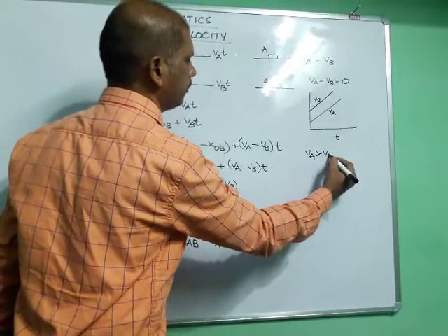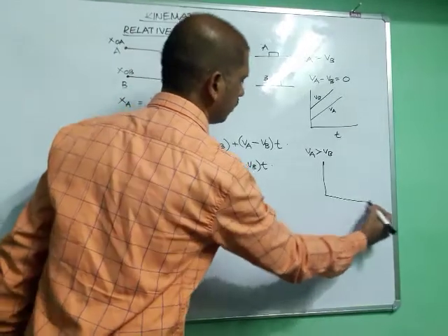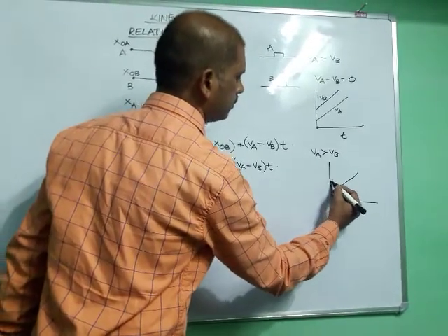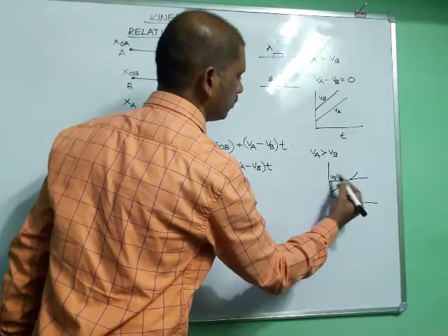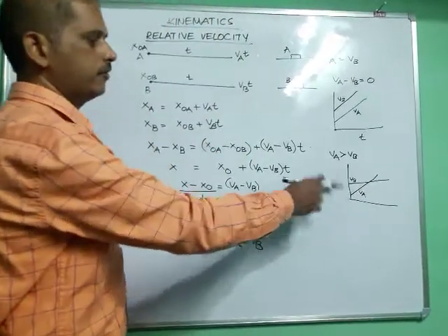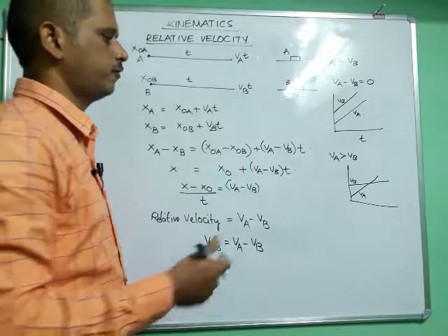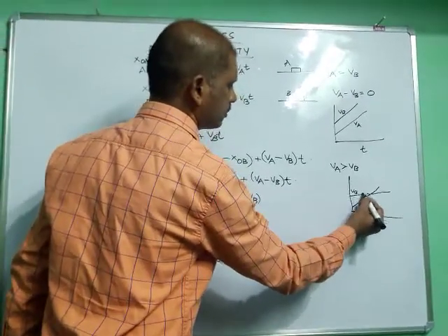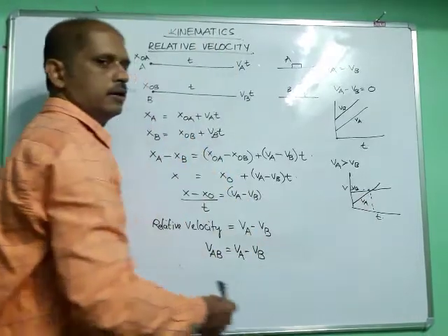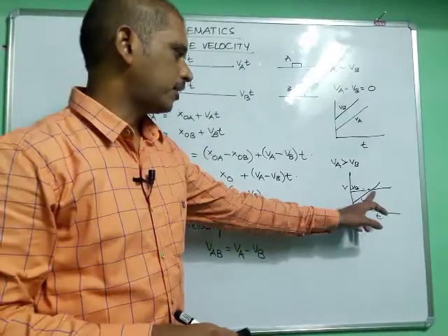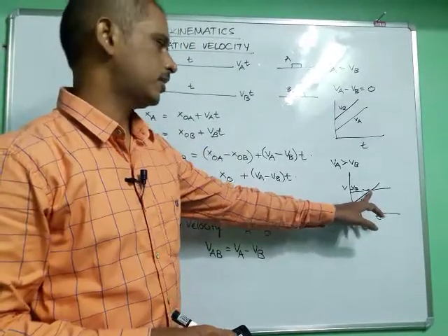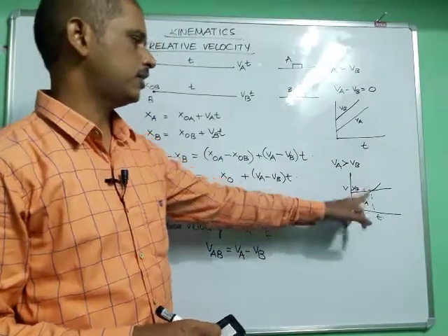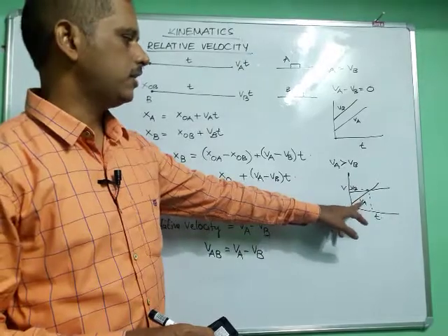Then in the graph, this is VA, this is VB, and after some time the velocity of A is greater than the velocity of B. This is the time axis, this is the velocity. After some time it crosses, so from the graph you can easily understand that VA is greater than VB.